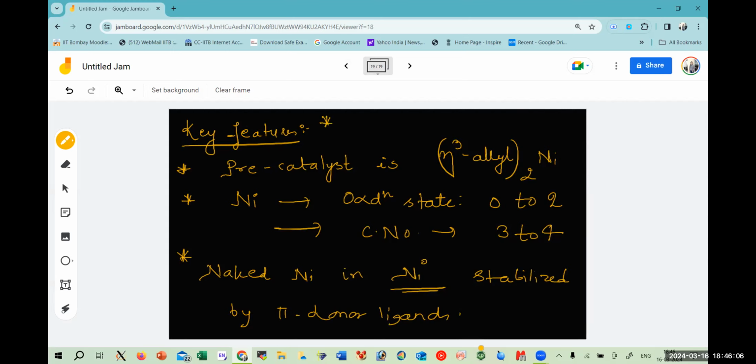And if we have to carry out this particular process industrially, then we have to use the Ziegler-Natta catalyst. So these are the important things.